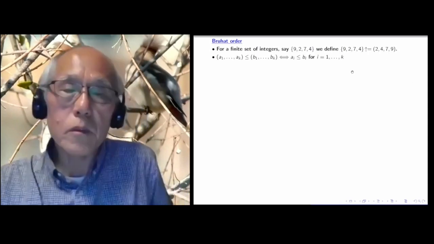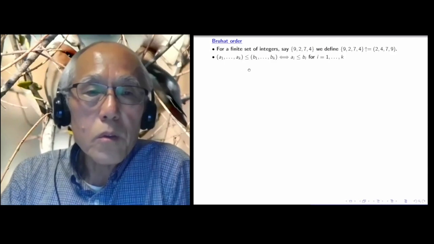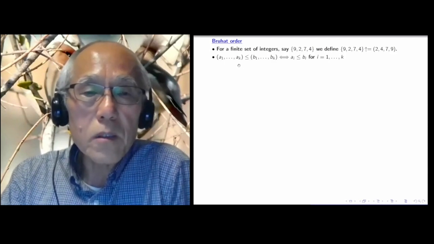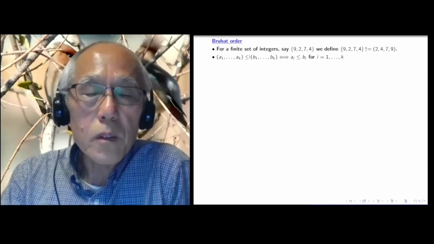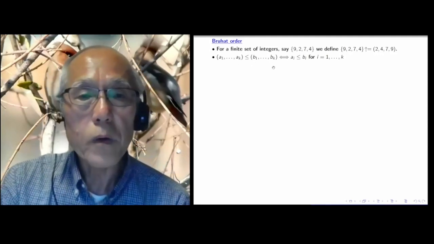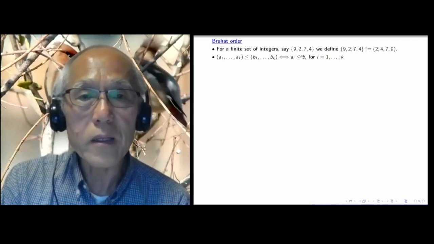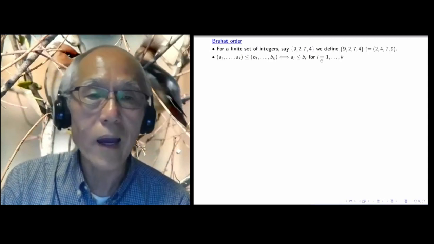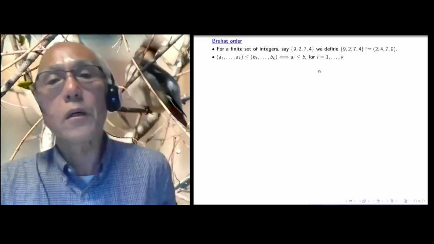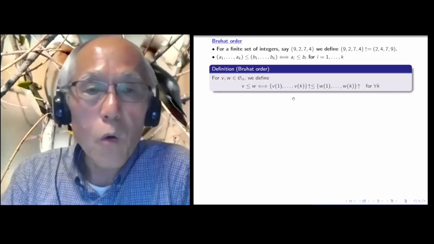Okay, and I need to introduce one more notation. I take two k-tuples of integers, and I give a partial order on k-tuples of integers. The definition is simple. I compare each ith entry. If a_i is less than or equal to b_i for all i, then this k-tuple is less than or equal to this k-tuple. And now I come to the definition of Bruhat order.